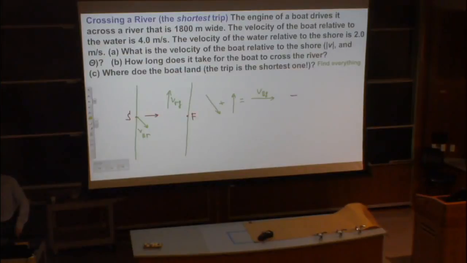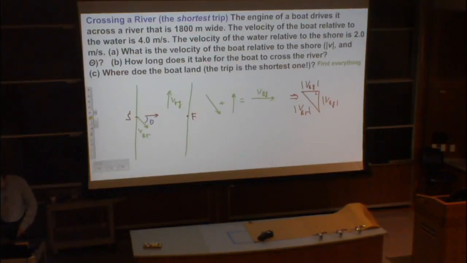So our triangle now looks like this: boat, river; ground; boat, ground. Now, well, of course, some kind of an angle.